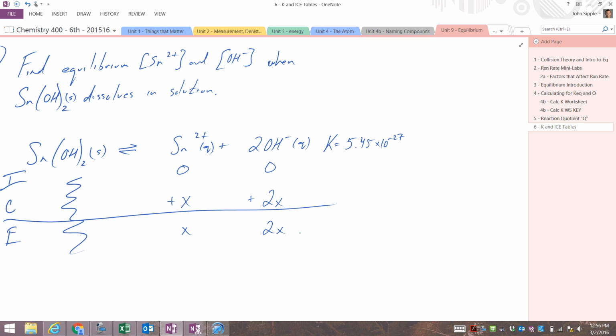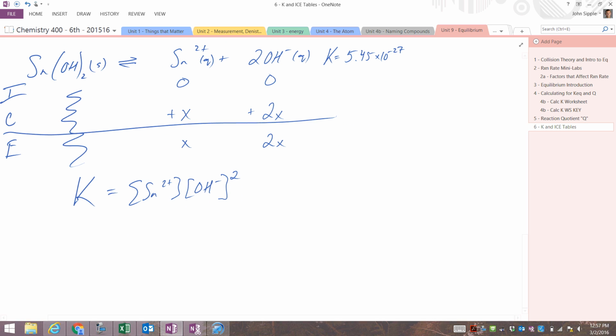Okay. So then we just plug this into our expression, right? Our K expression, our equilibrium constant expression. So we've got concentration of tin times concentration of hydroxide. What do we have to make sure we do to hydroxide? Square it. All right, so when we plug it in, we get 5.45 times 10 to the minus 27.